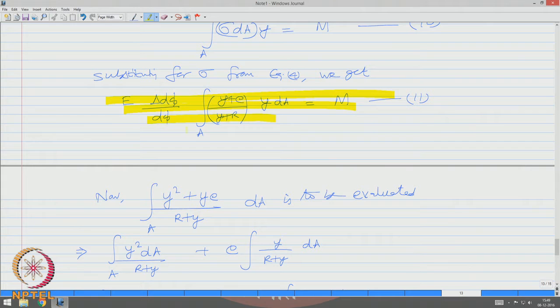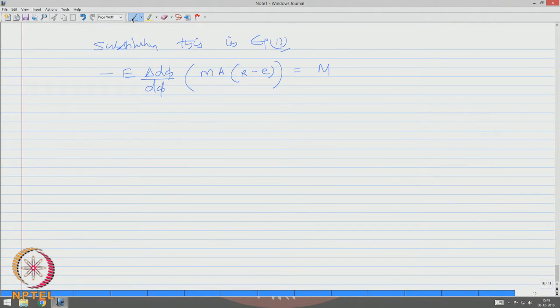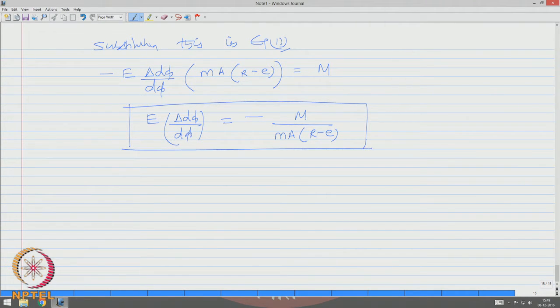Okay, this is equation 11, which says that E delta d phi by d phi will be equal to minus m by m A times R minus E.